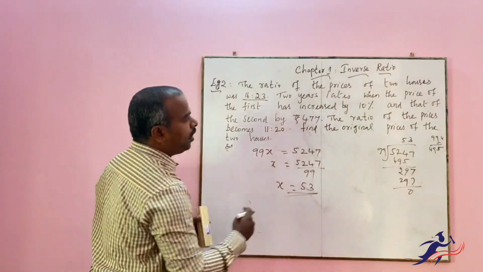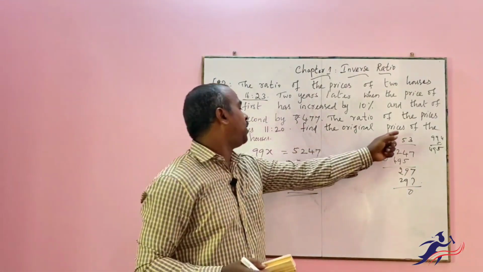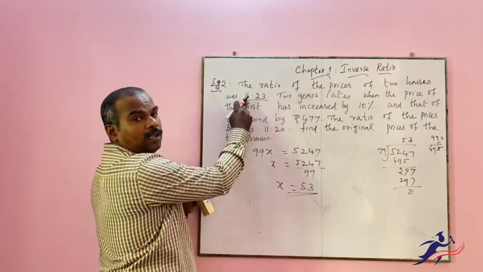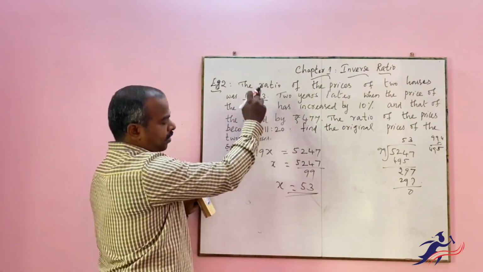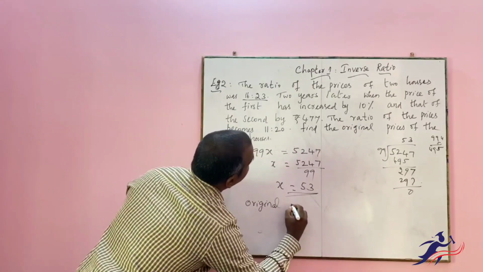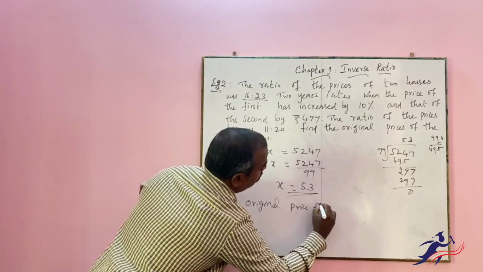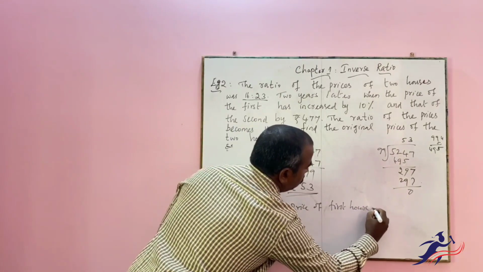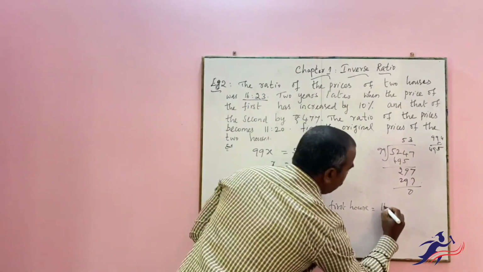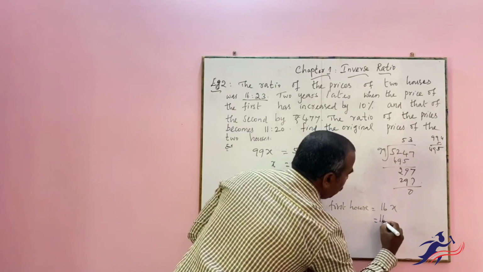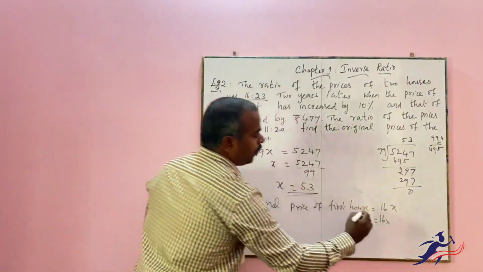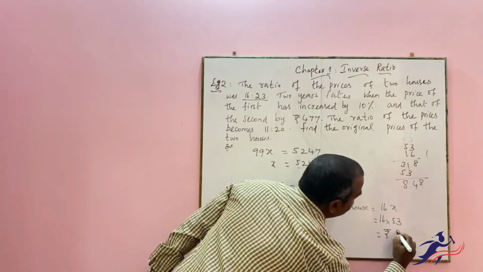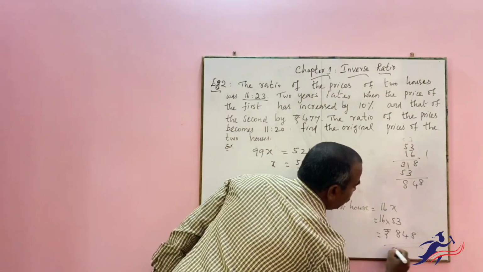Now we are asked to find out the original prices of the two houses. Original prices of the two houses are 16x and 23x. Therefore original price of first house is equal to 16x, that is 16 into 53, that is rupees 848.